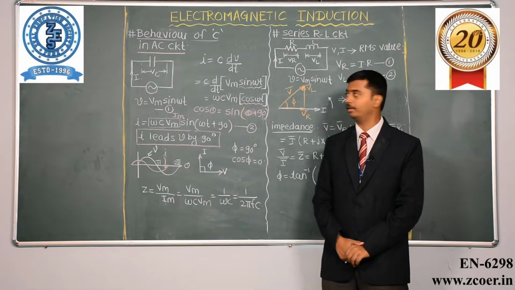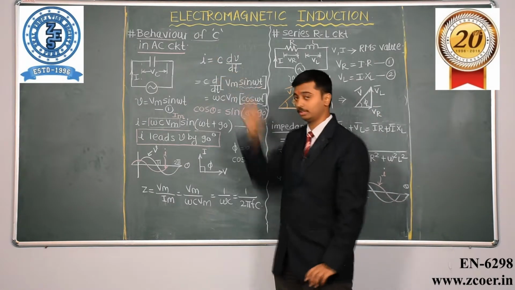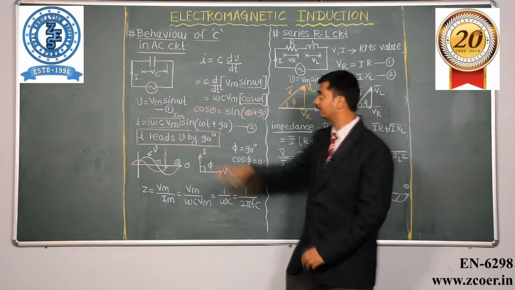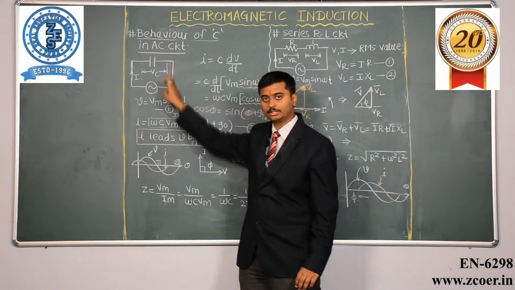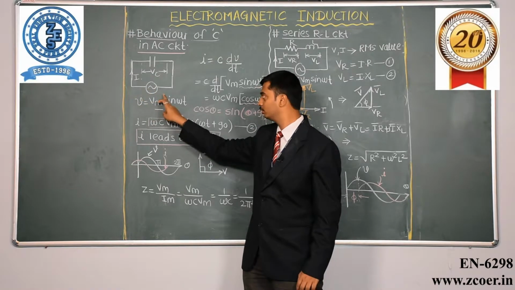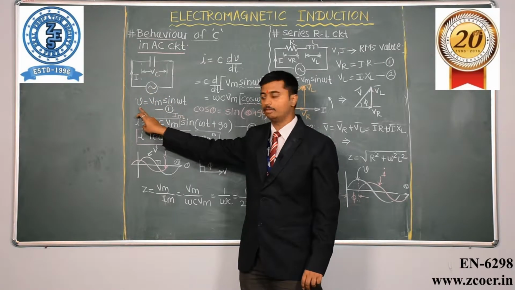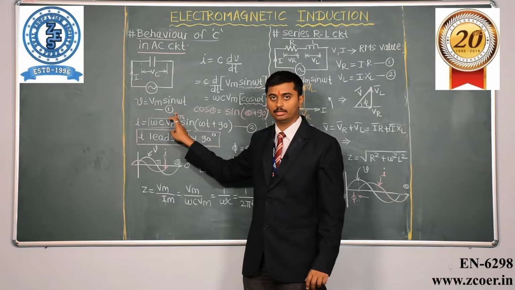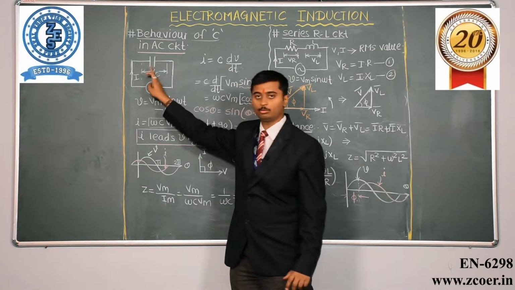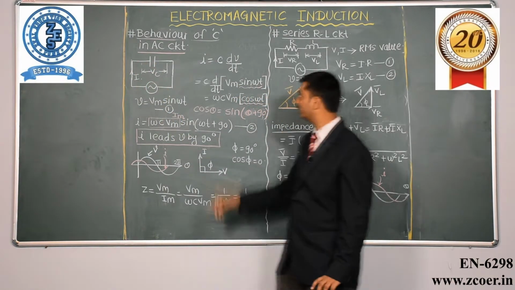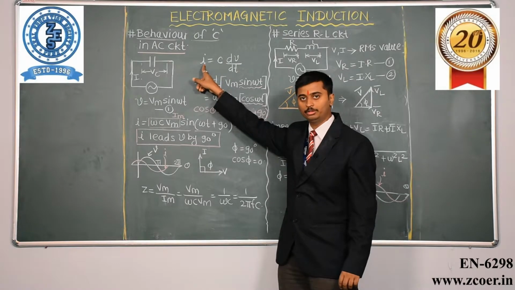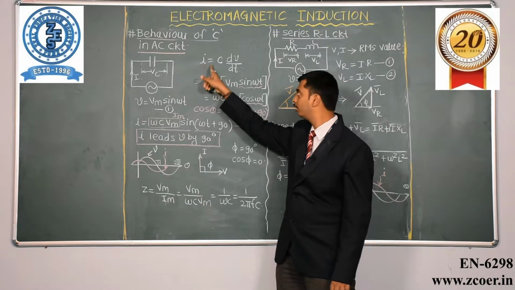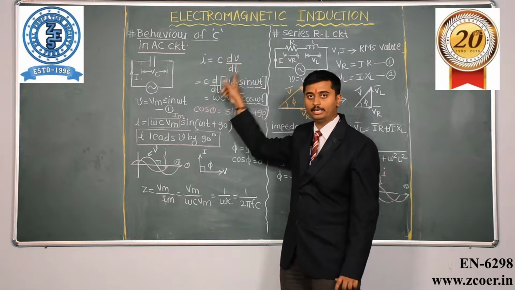Now let us see the third topic, that is behavior of a capacitor in an AC circuit. Consider that there is one capacitor connected across an AC voltage source given by V equal to Vm sin omega t. Let I be the current which flows through the capacitor. So we can write the expression for the current flowing through the capacitor as I equal to C dV by dt.